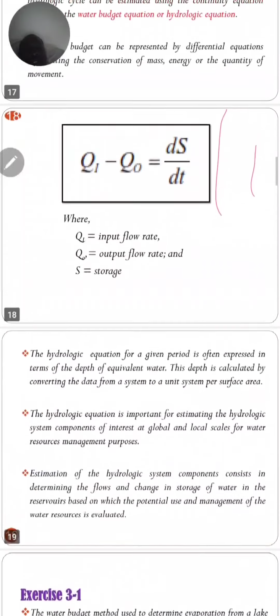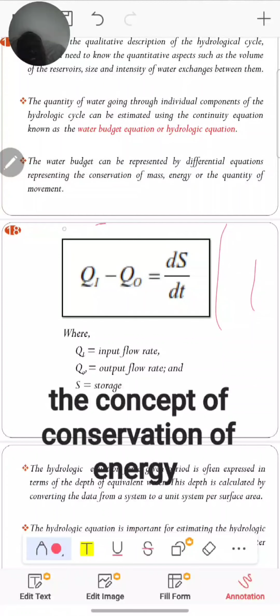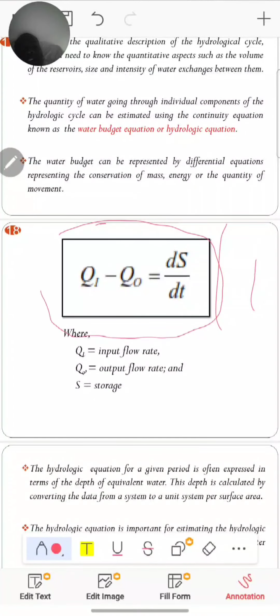you're looking at more like a concept of conservation of, it's similar to conservation of mass. So what you get in must be equal to what is going out, and then that results in change in storage.